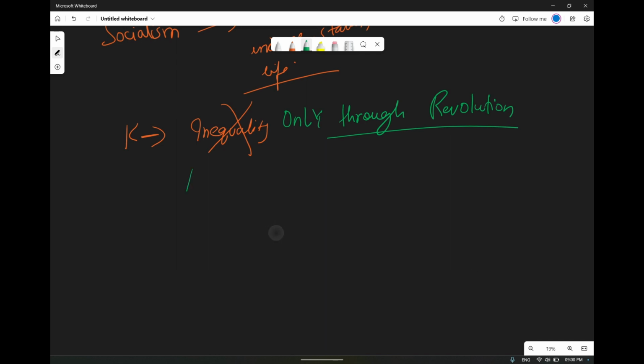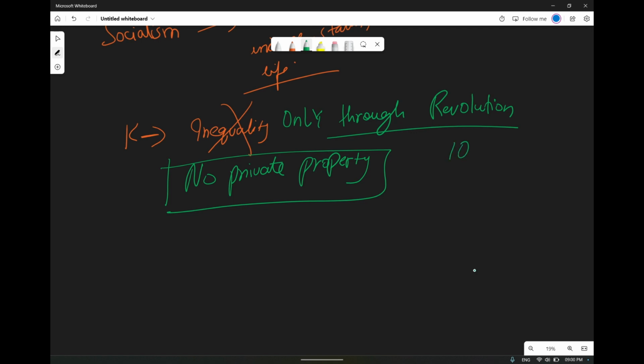No private property should be there. What is the need of private property? Why are you getting more salary? If we have done work worth 1000 and there are 5 people, each person should get 200.